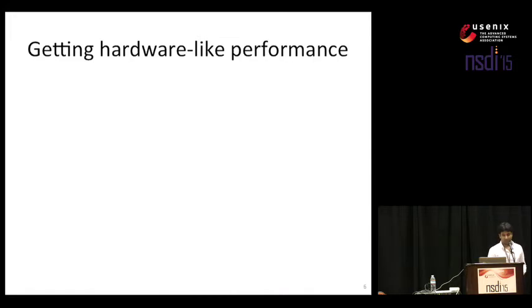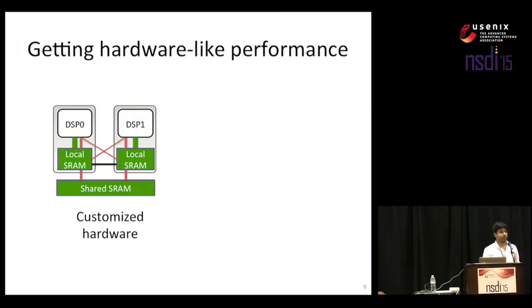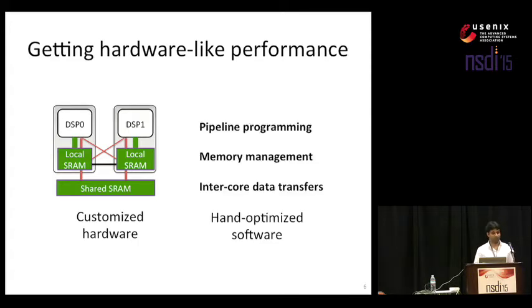Typically, it's using a combination of multi-core DSPs, which are customized for this kind of signal processing workload, and by writing very carefully hand-optimized software for these platforms. Right? So let me just walk you through some of the customized features of these hardware boxes that are used to get this hardware-like performance and what they mean for actually the software framework itself.